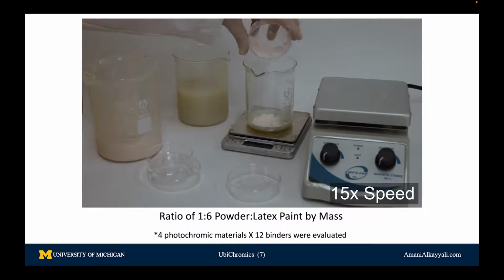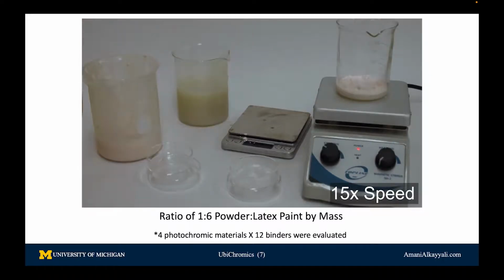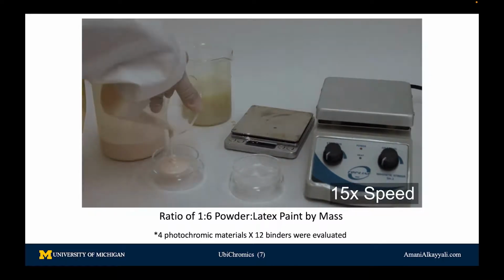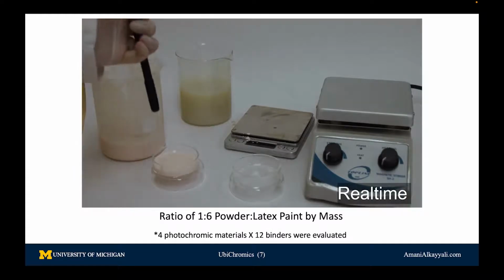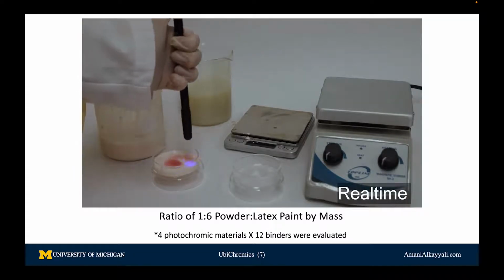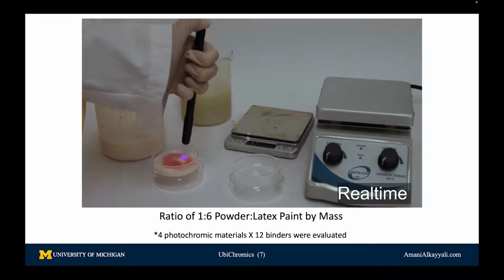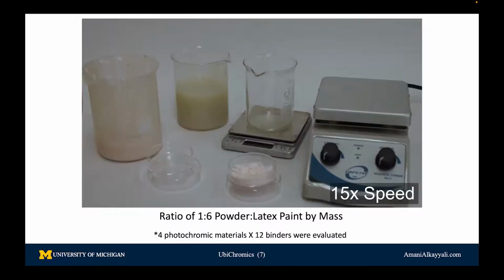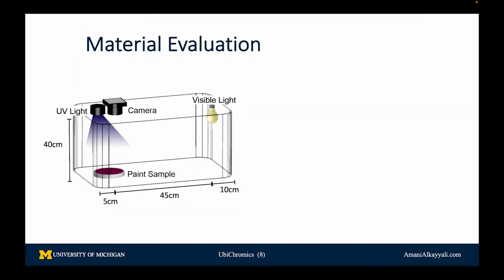After evaluating 4 photochromic materials in 12 binders, we found that a ratio of 1:6 of photochromic powder to latex paint by mass worked best. To evaluate this paint, we created a light-proof box that we equipped with a UV light, a camera, and visible light.